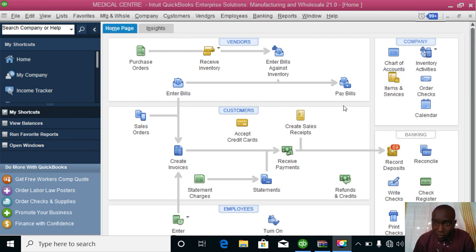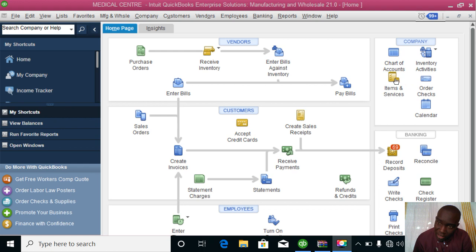This is where we find a list of all the services that we provide in our medical facility, such as laboratory tests, some tests of radiology like ultrasound and x-ray, then other items which we sell like the drugs we sell.